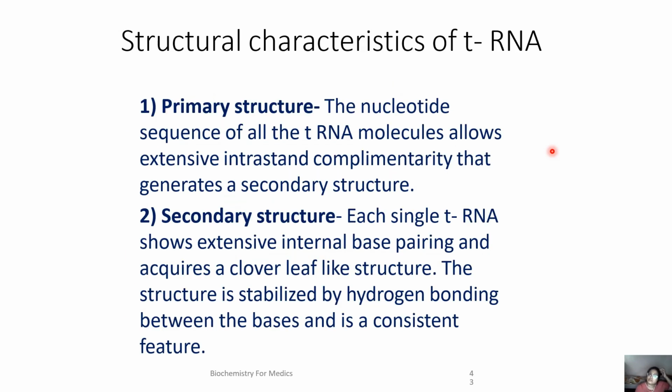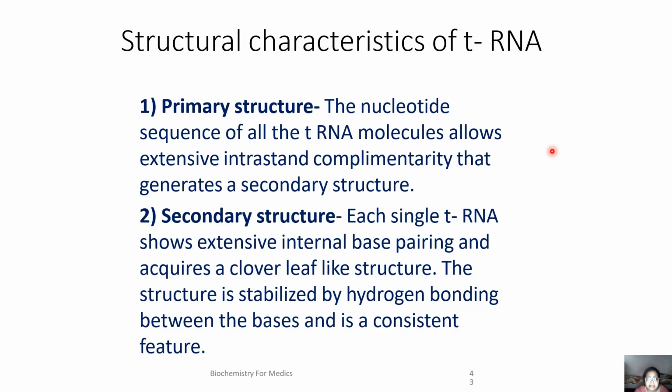Now, structural characteristics of tRNA. Primary structure: the nucleotide sequence of all the tRNA molecules allows extensive intra-strand complementarity that generates a secondary structure. The secondary structure: each single tRNA shows extensive internal base pairing and acquires a clover leaf-like structure.